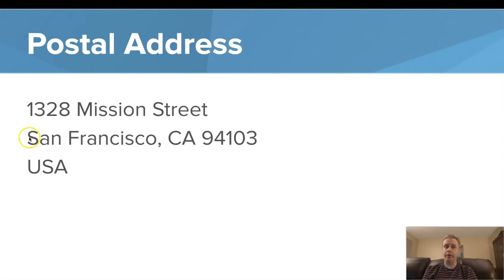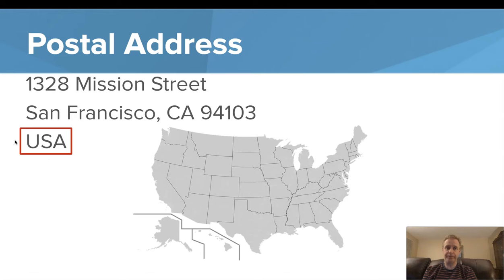We'll work off of this address here and all the information that helps us find exactly where this address is located on our planet, on Earth. We start with this first thing here, the USA. This tells us that this address is located somewhere in this part of the world.